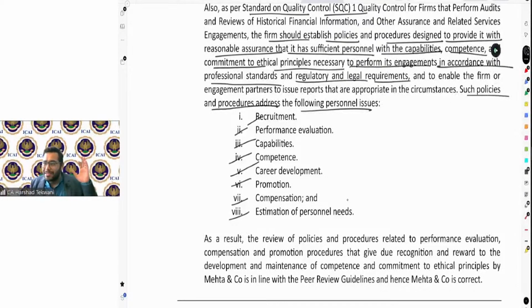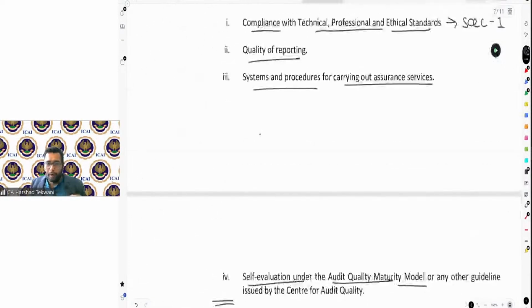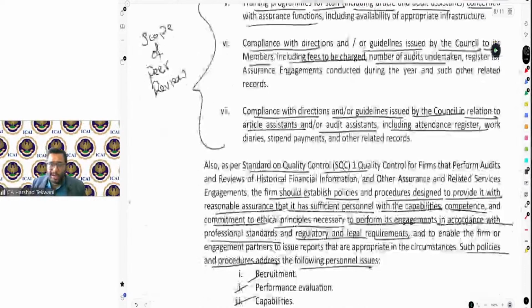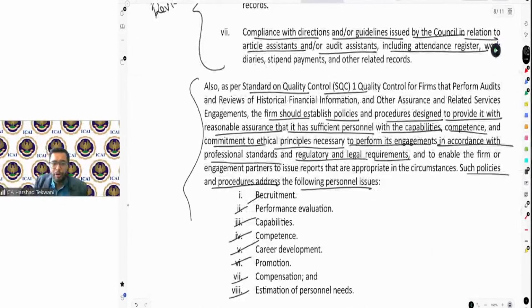As a result, the peer reviewer is within its scope when he is reviewing these policies and procedures, and Meta company is correct. Clear? So how I answered the question is, first I discussed the scope of the peer review, the areas that are required to be covered. Then, in those areas, the first one links to SQC1. Then I explained where SQC1 talks about human resource.